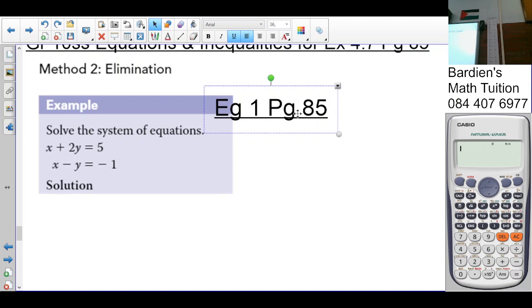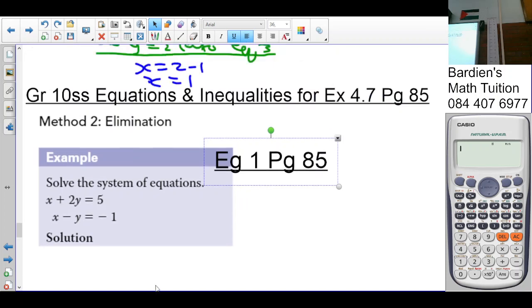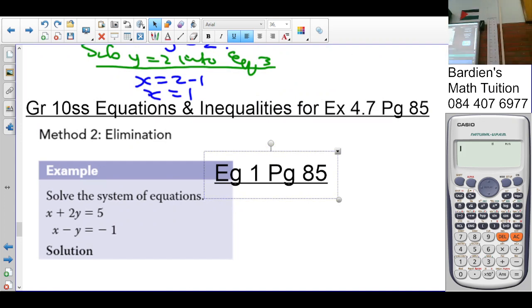So I think if we introduce the elimination method, you guys are going to get confused. So now I would like you guys to do exercise 4.7. We're going to do page 85, number 1A, C, E, and G. Okay. Yes, sir. I'll stop the video at this point. I know the videos were so long.